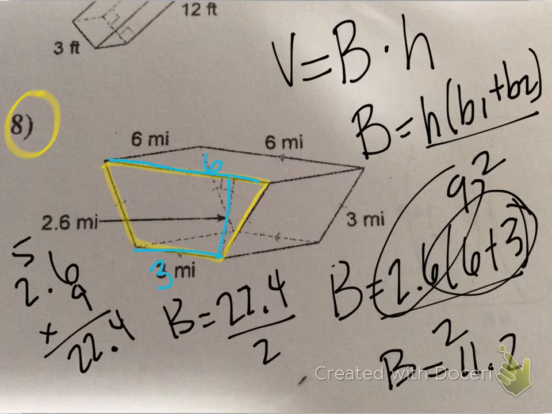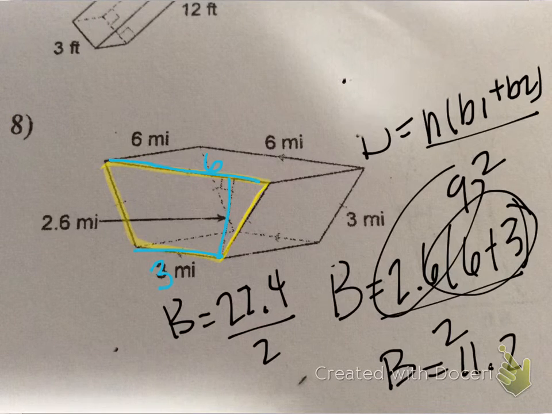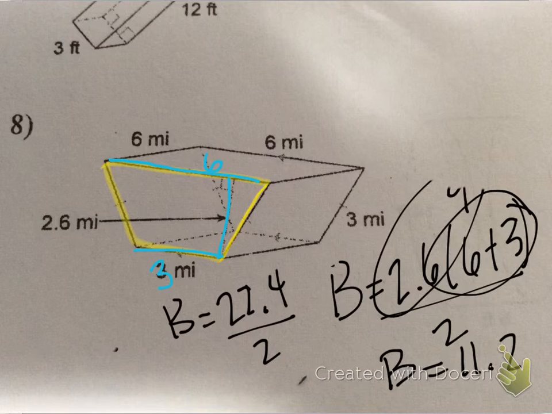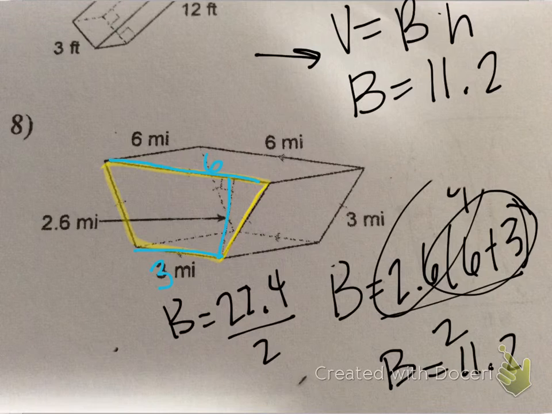Now we just need the height of the trapezoid. So I'm going to erase some of this work here. Give myself some space. So starting over here, we know that the volume equals area of the base times height. We found that the area of the base is 11.2. And then if we look back here, there's my other base, trapezoid, and then the height just connects those two.